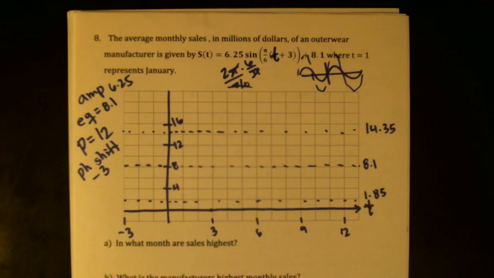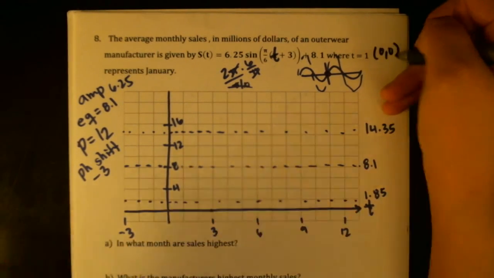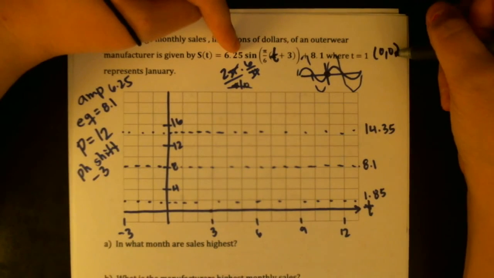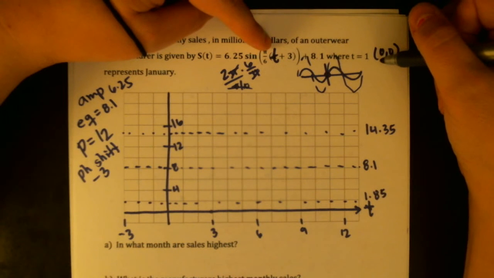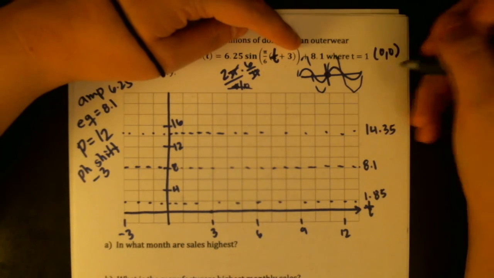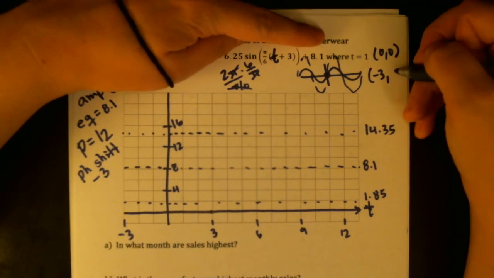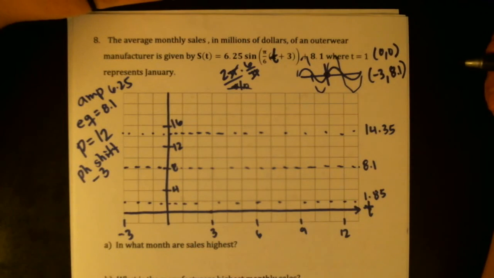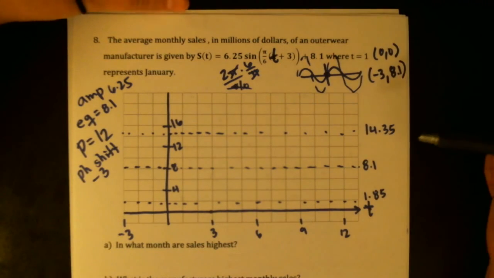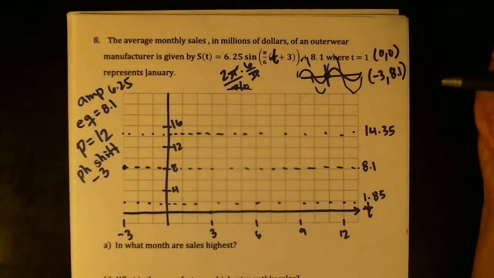Let's see, I think I need to snag my 1 point. So let's follow the 0, 0. Okay, so vertical stretch doesn't change this y. Horizontal stretch doesn't change the y. Shift left moves that x coordinate to -3, and shift up moves the y coordinate to 8.1. Okay, so we start at -3, 8.1. So we're starting on equilibrium.